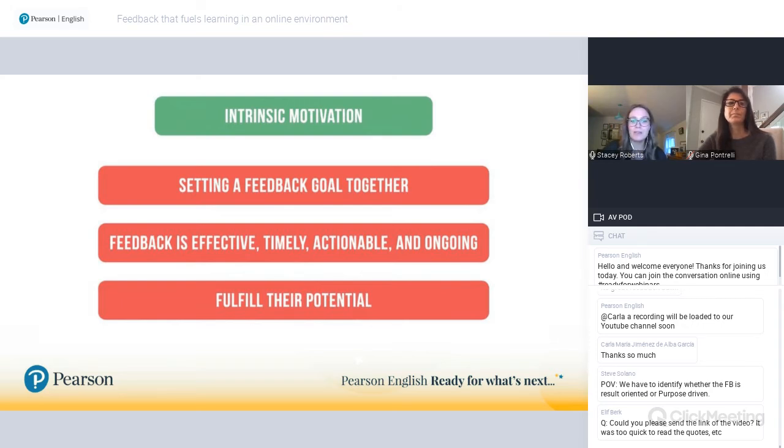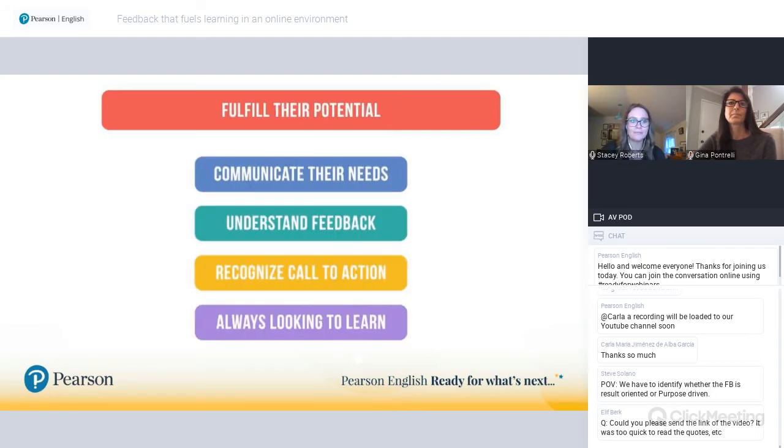They learn to communicate what works and does not work for them based on their learning style. They understand the fluidity of the feedback process and how to keep it moving along in a timely manner. These students recognise calls to action and take productive next steps.